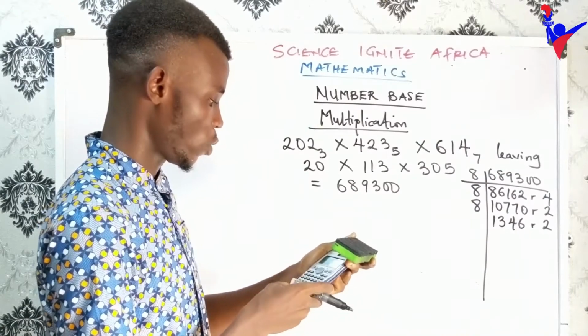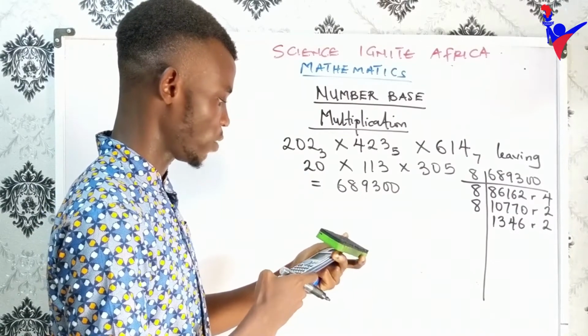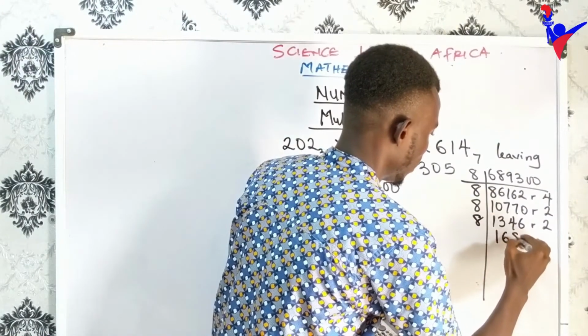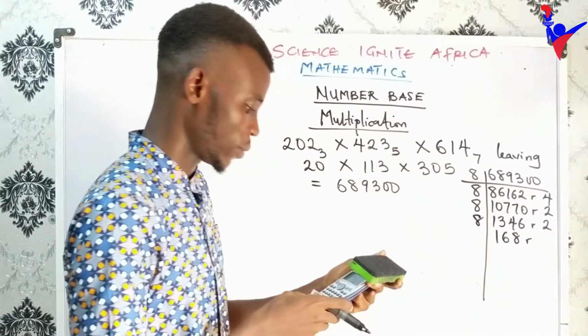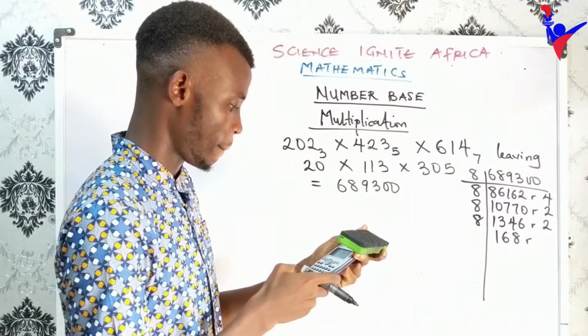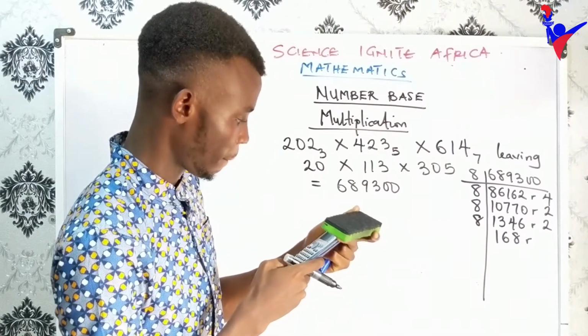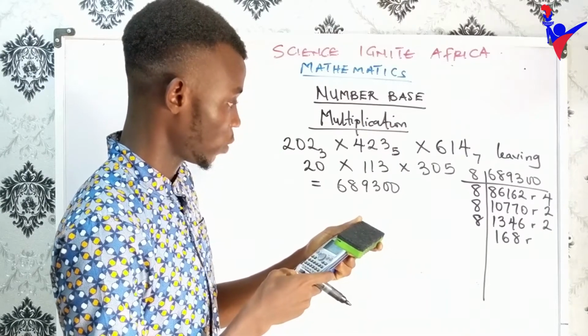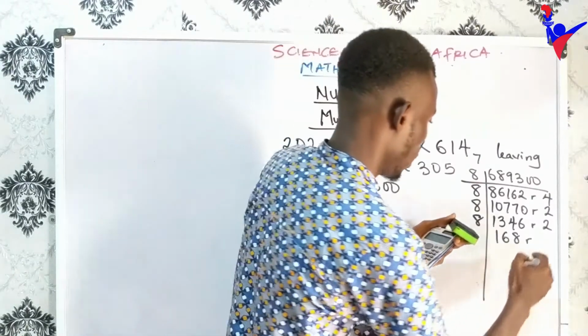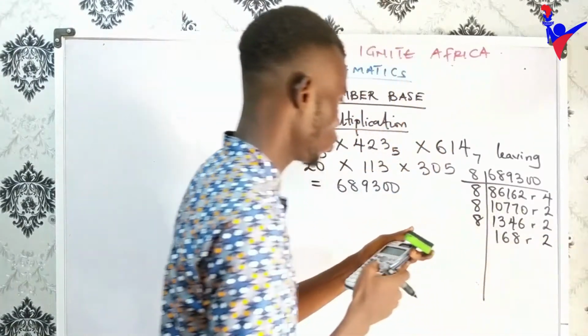Okay. Going again, 1346 divided by 8. Then we have 168, remainder 2.